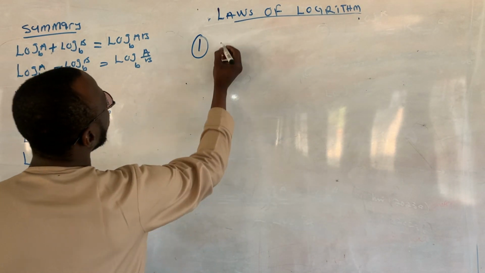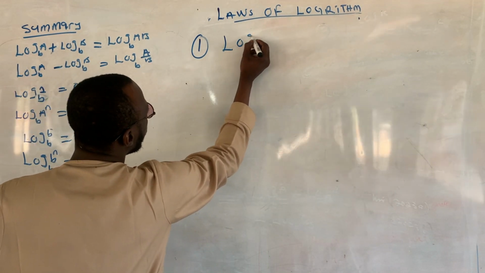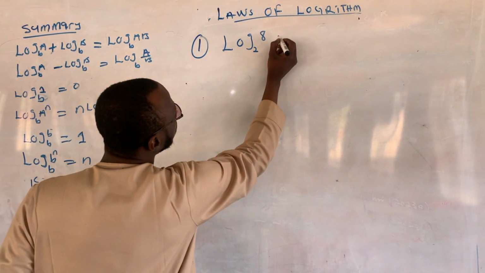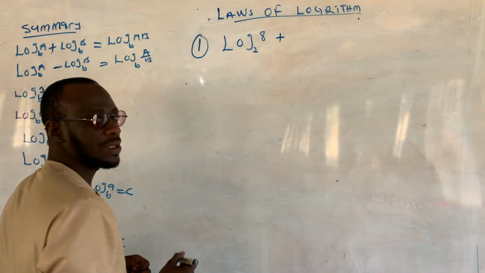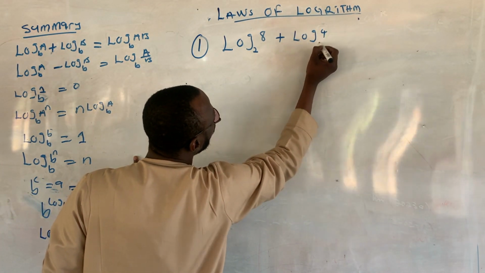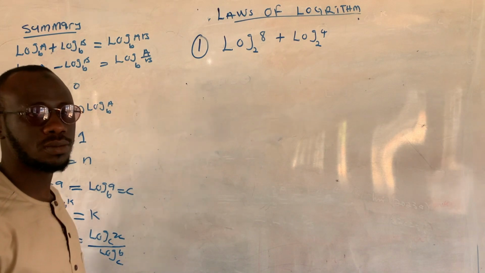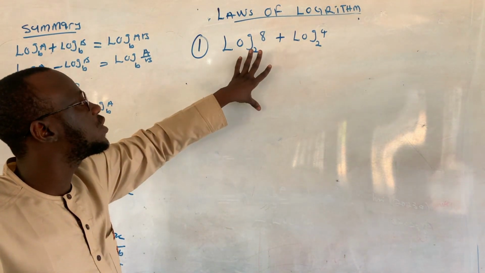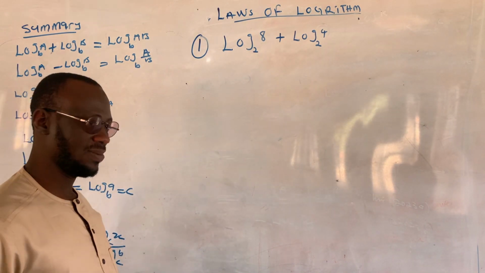Let's assume here we have question 1. We have log 8 base 2 plus log 4 base 2. We can solve this question in 2 ways.